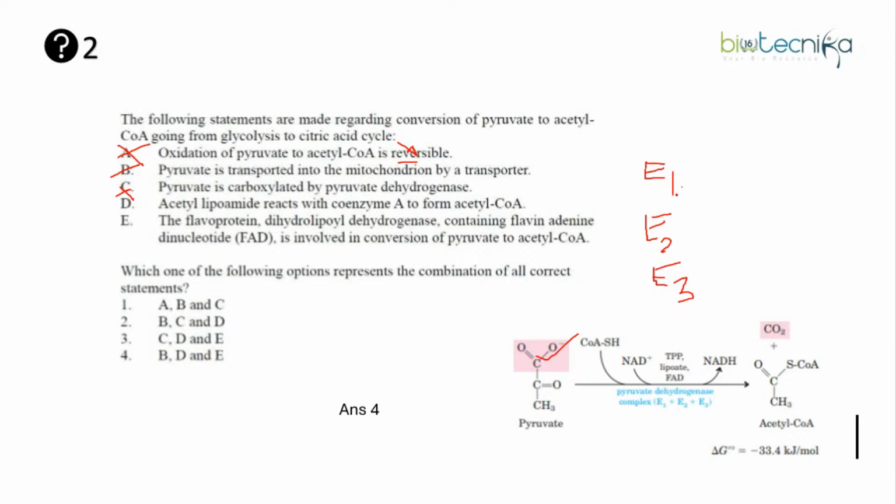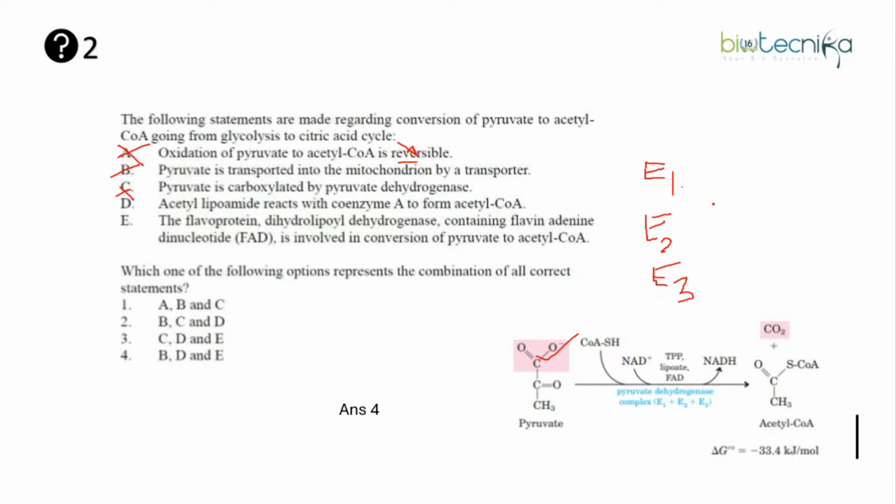Enzyme 1 catalyzes the first decarboxylation of pyruvate, and in the process it produces hydroxyethyl TPP. Then the oxidation of the hydroxyethyl group to the acetyl group happens. The electrons from this oxidation go and reduce the disulfide of the lipoyl group bound to your E2.